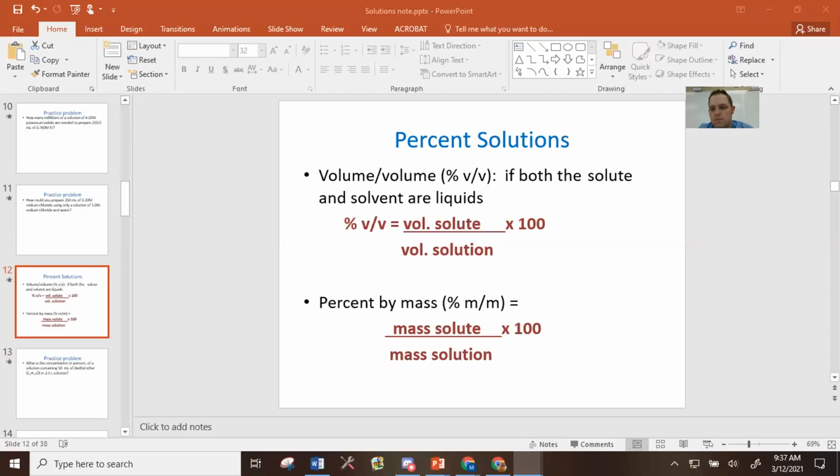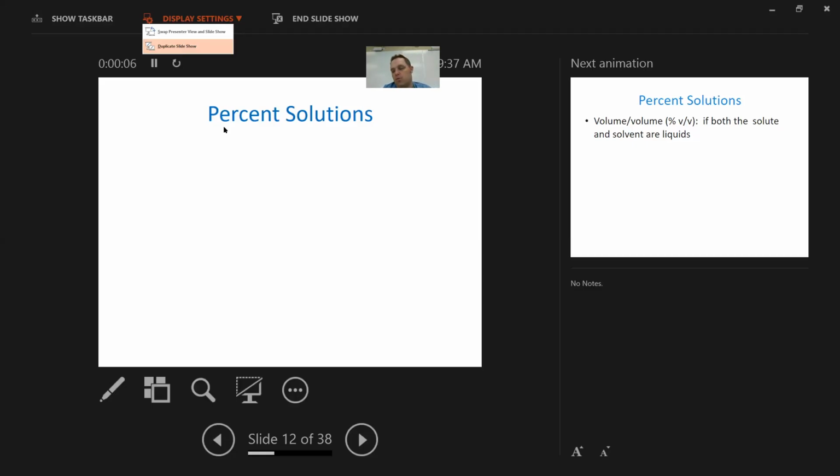Let me share my screen, and here we go. Percent solutions can be done in three different ways.